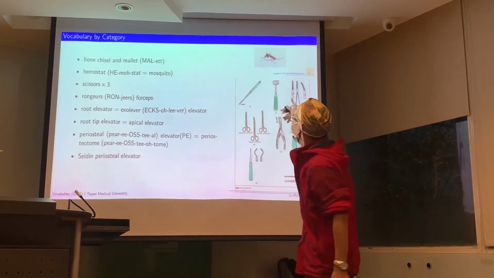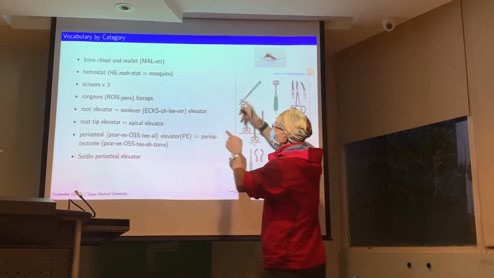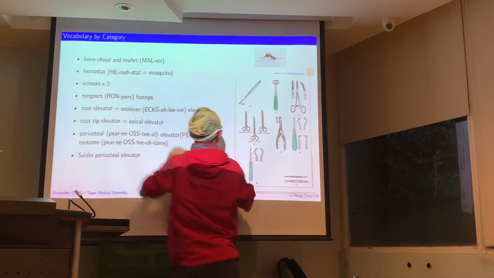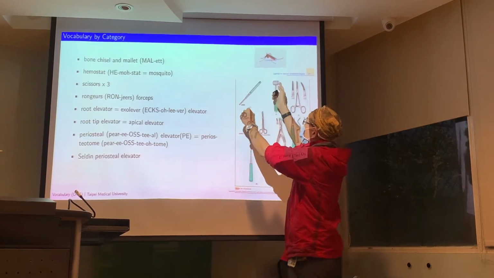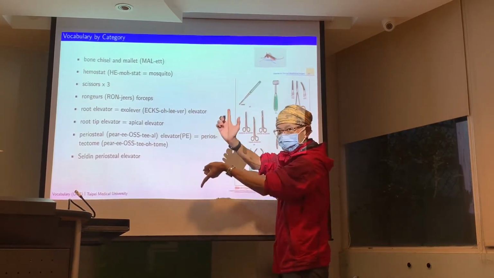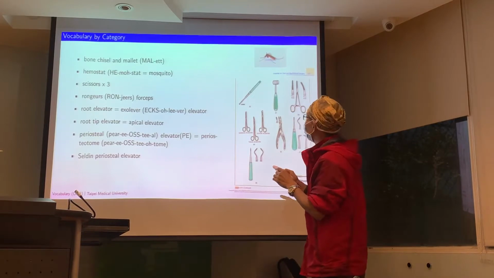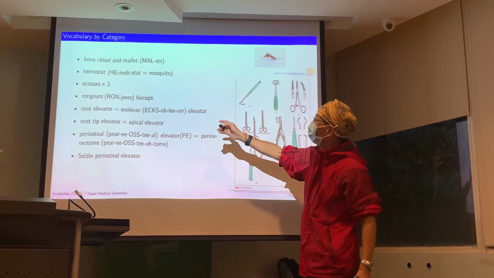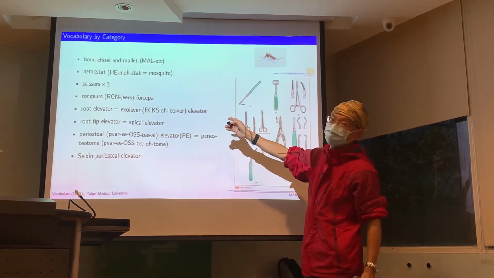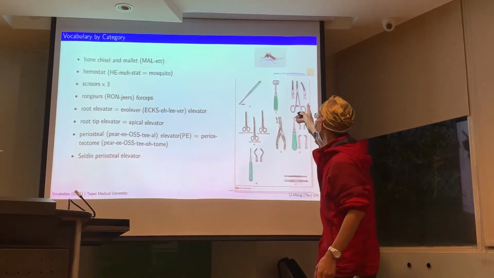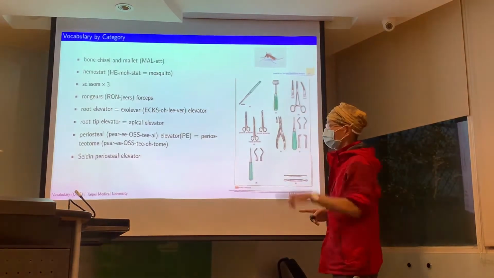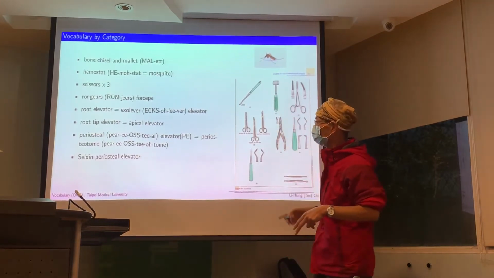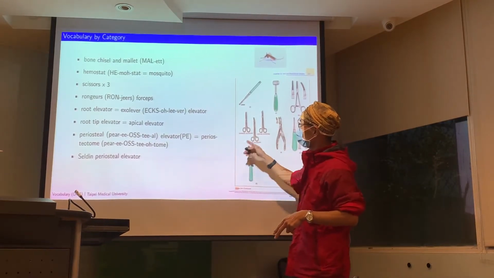And there's a mallet. We have this one paired with the bone chisel. The chisel looks like that too. Then the hemostat, also called a mosquito, curved or straight, which bites like a mosquito drinking your blood. And scissors.